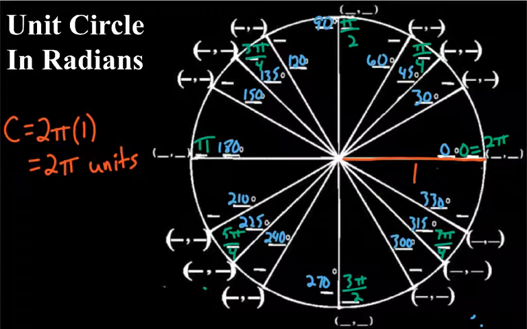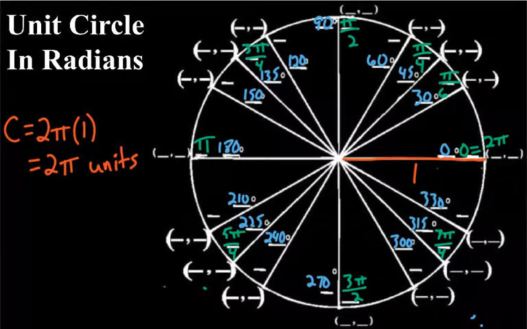into 6 pieces, so 30-degree pieces. So at 30 degrees, that's got to be pi over 6, because if 180 degrees is pi radians, divide that by 6, 180 divided by 6 is 30 degrees, and pi divided by 6 is pi over 6.